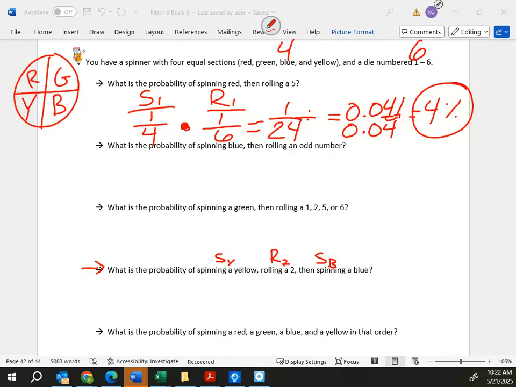So sometimes you have to do some thinking. What's the probability of rolling an odd number? Well, if our dice is numbered 1 through 6, how many odd numbers would there be? Kylie? 3. The 1, the 3, and the 5. So you need to think, what is my desired outcome?